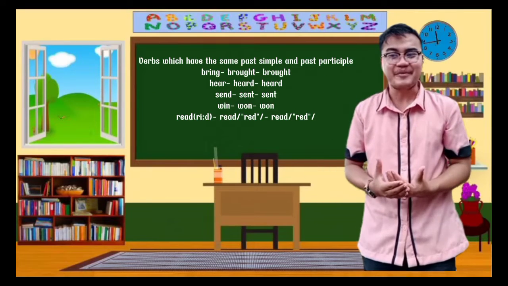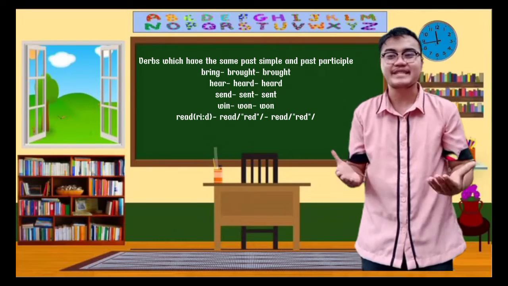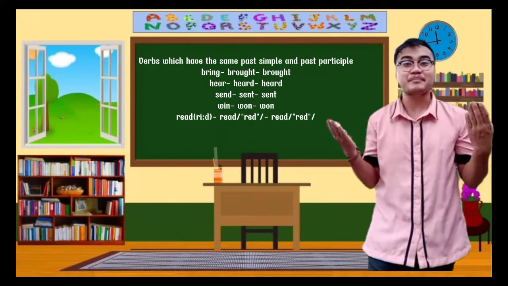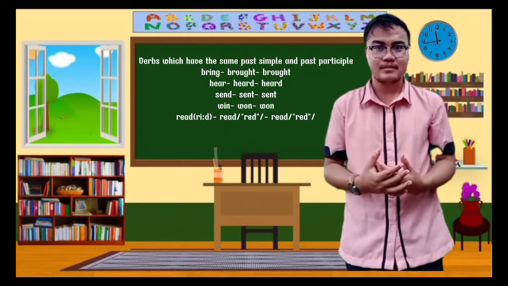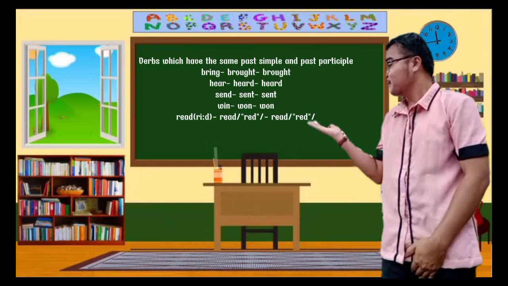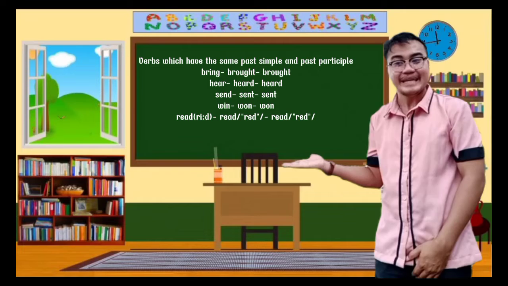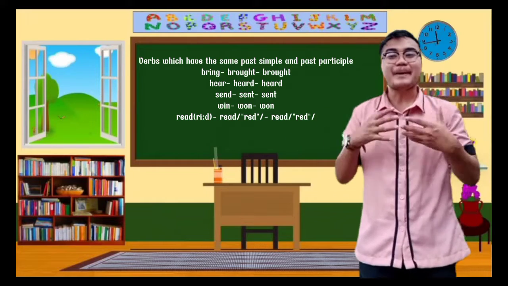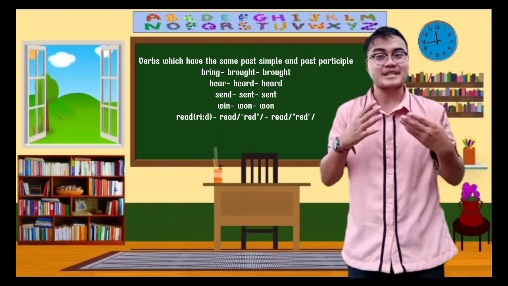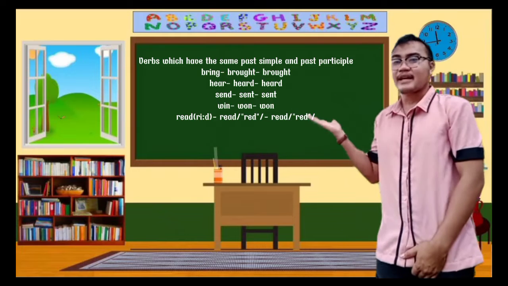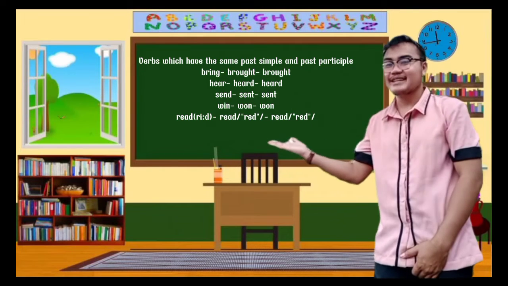Here are the examples of verbs which have the same past simple and past participle. We have here bring, hear, send, win, and read. So the past simple of bring is brought. The past participle is also brought. Hear, heard, heard.